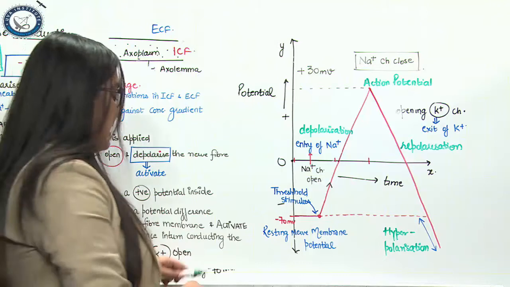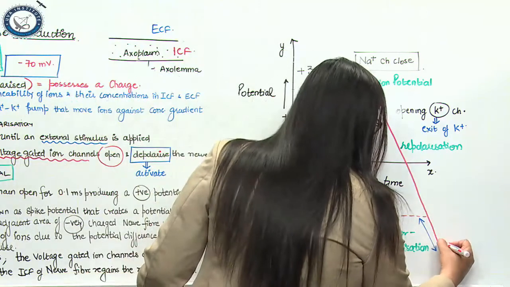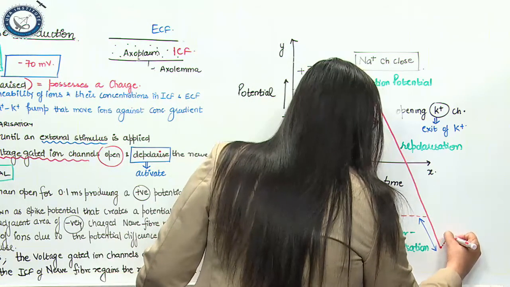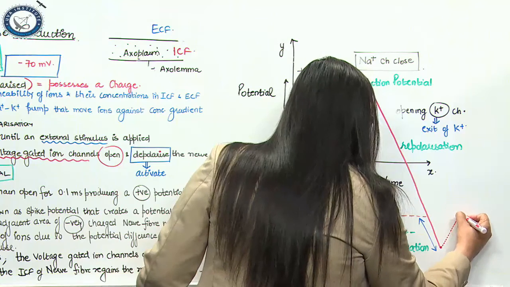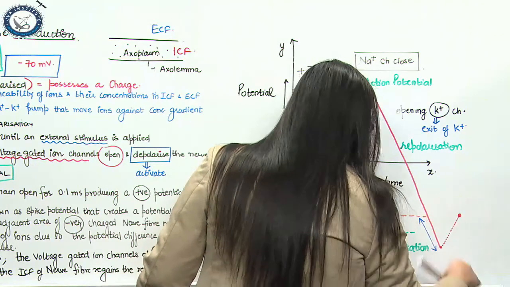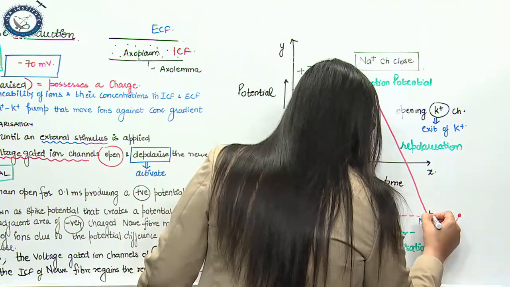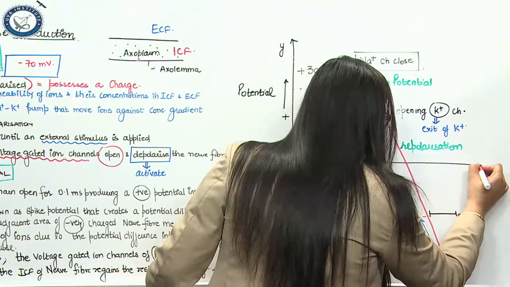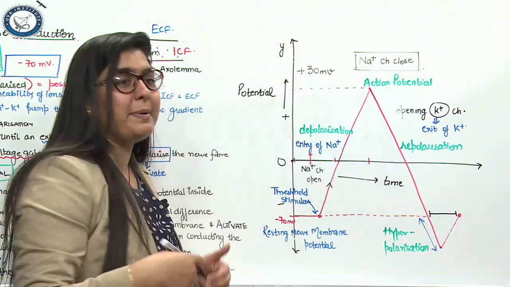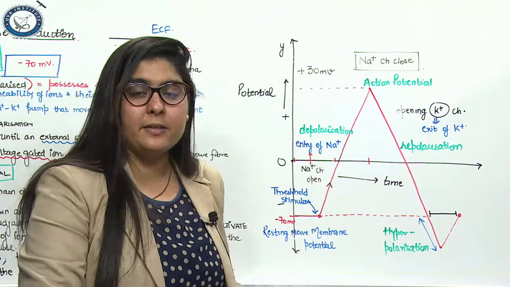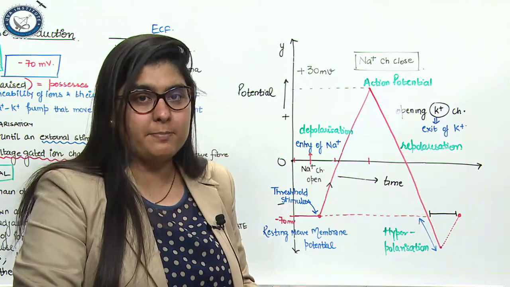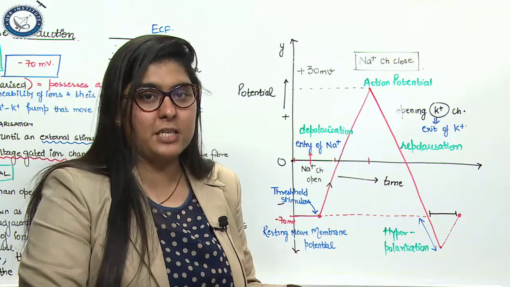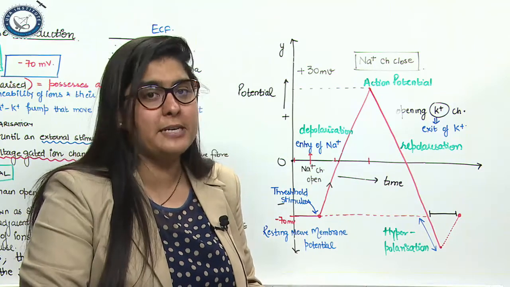Clear? So this hyperpolarized nerve has to come back to the resting nerve membrane potential, so that the nerve can again be in a situation to get activated and conduct a new nerve impulse. Until it comes back to its resting nerve membrane potential, it will not be able to conduct a new impulse.